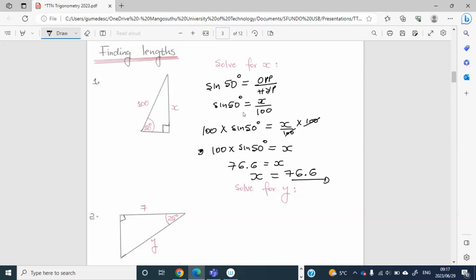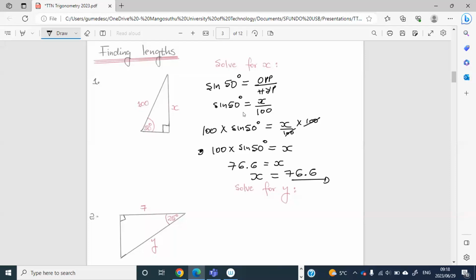Right? So just to recap, what we did was, we said we want to find the length of this side, but the angle that we know besides the 90-degree angle is 50 degrees. So that side is opposite to our angle 50 degrees. And the other known side is hypotenuse, which is 100. So we thought about what trigonometric ratio relates opposite and hypotenuse.